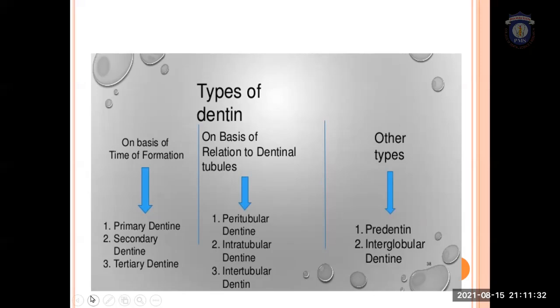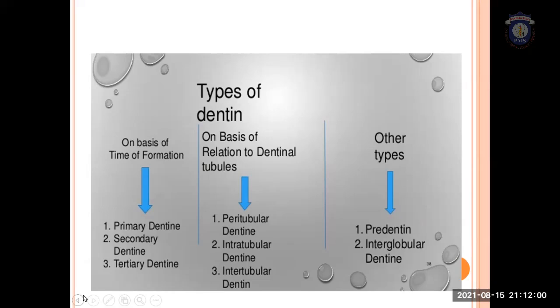So just as the name denotes, any dentine which is seen on the periphery of the dentinal tubules is called the peritubular dentine, and the dentine present inside the dentinal tubules is known as intratubular dentine, and all the dentine which is present between the adjacent tubules, or all of the area between the different tubules, is known as the intertubular dentine.